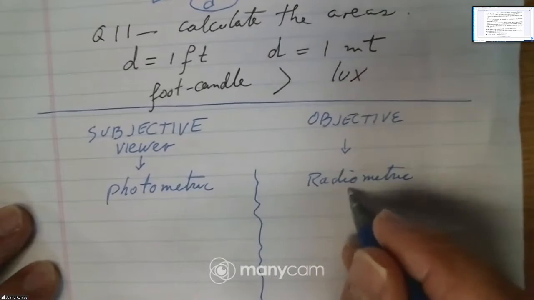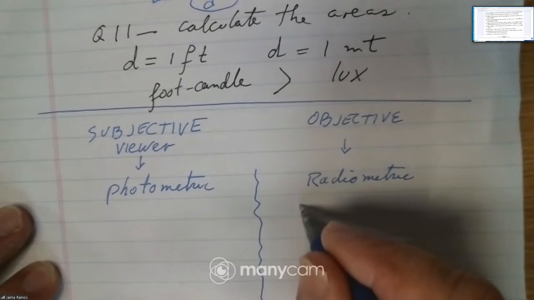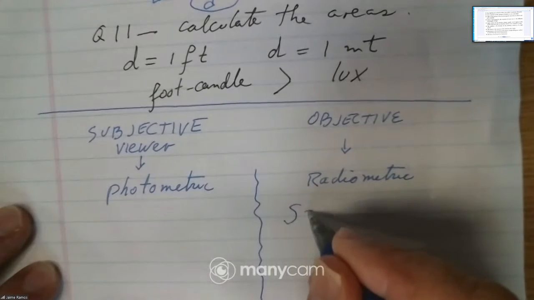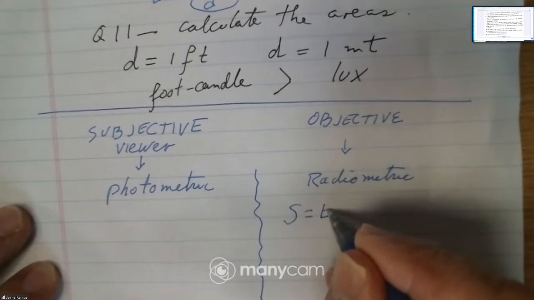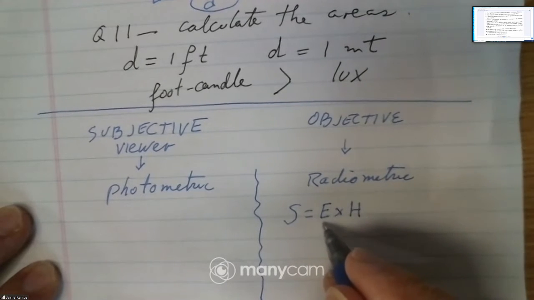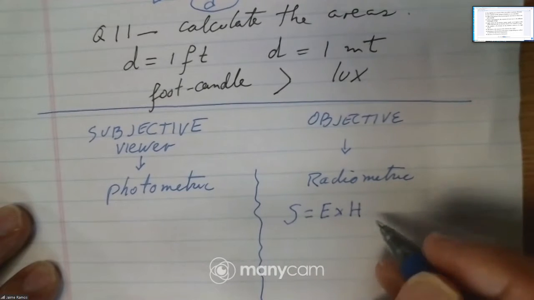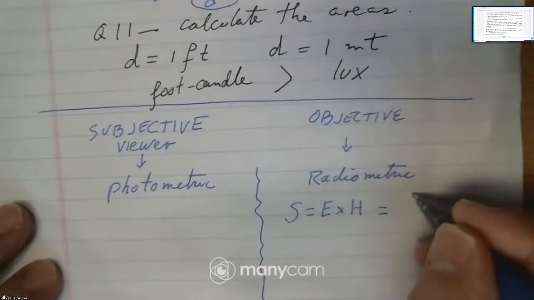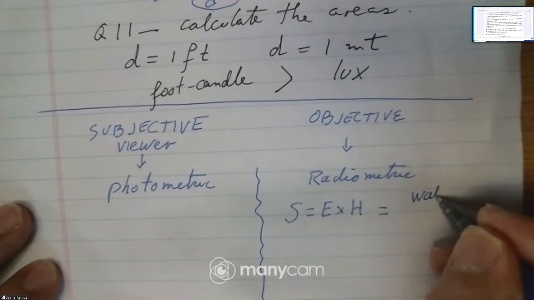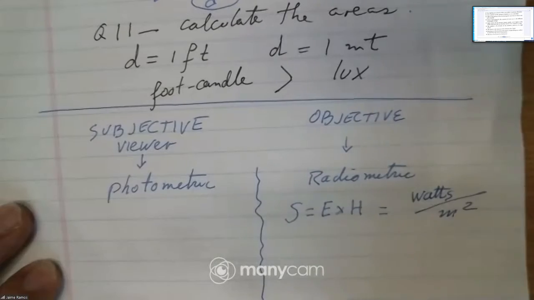Okay, this is called radiation. So remember from electromagnetics, the Poynting vector, E cross H, the electric field times the magnetic field. So what do we have here? Watts per square meter.